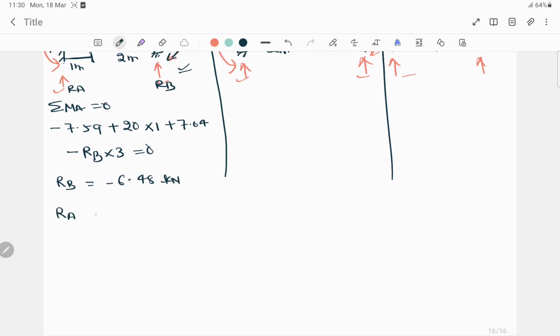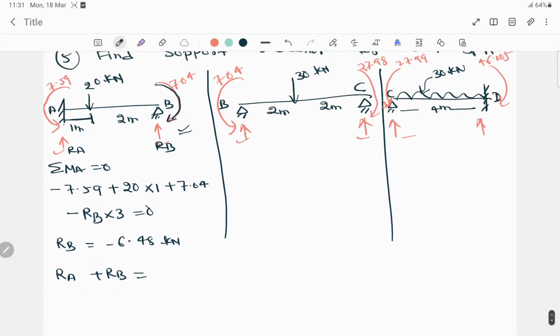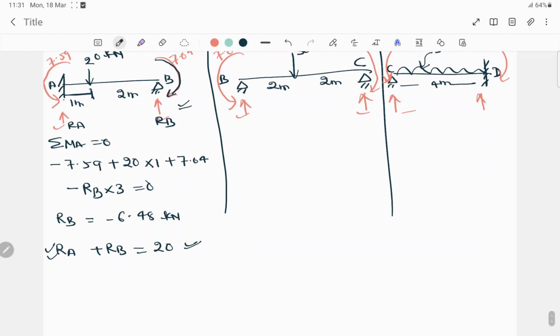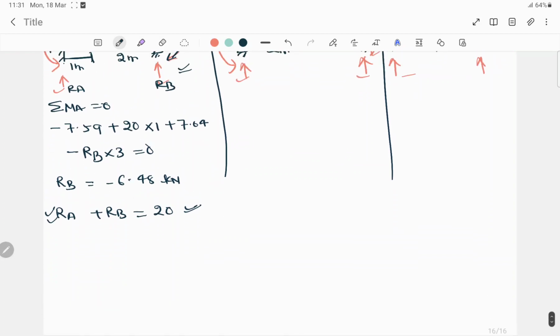Okay, now we have to find the value for RA. RA plus RB is equal to 20. In this equation we have to put this value. And how does this equation come? In the strength of materials subject we have already discussed this, I'll write it down again.